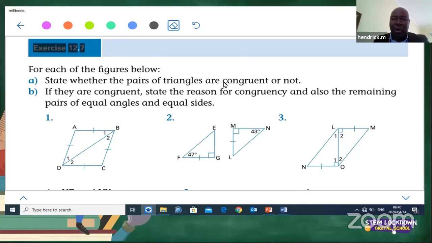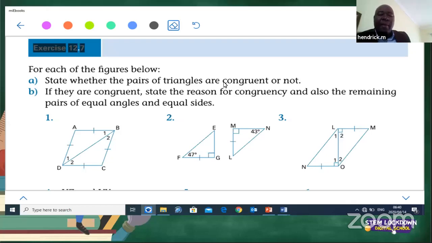Tino, your hand is up. Let's go to Tino. Talk to me about the second pair, triangle EFG and MNN. Yes, Tino? It's because of the angles, all 90 degrees.